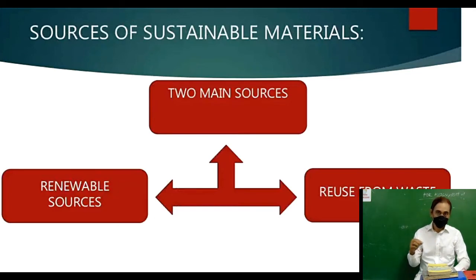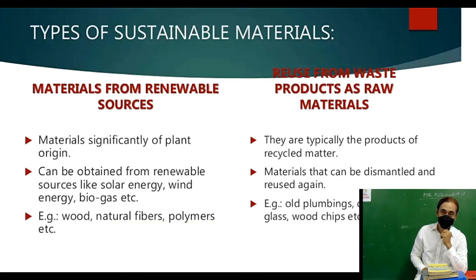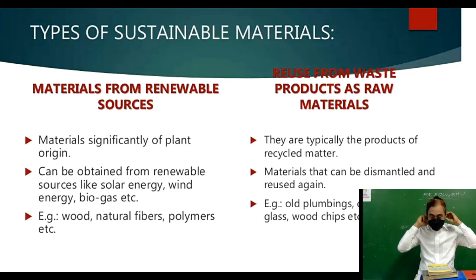Sources of sustainable materials. There are two main sources: the renewable sources and reuse from waste. Types of sustainable materials? There are two types: the materials from renewable sources and reuse from waste.